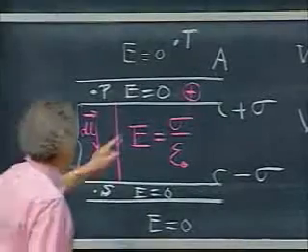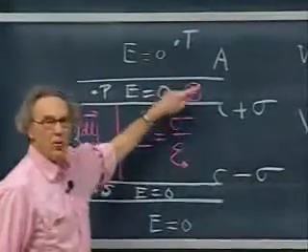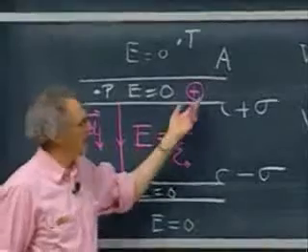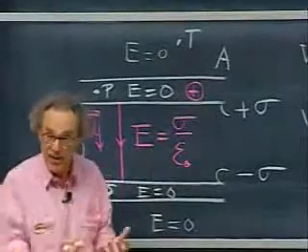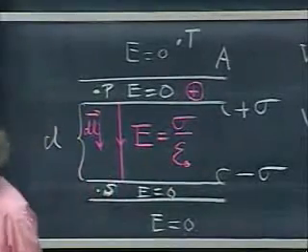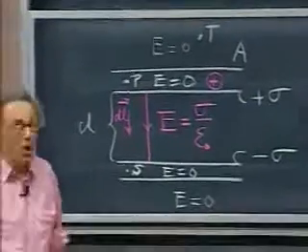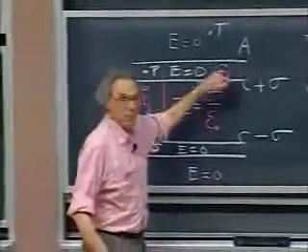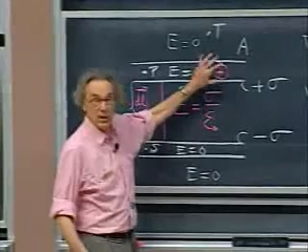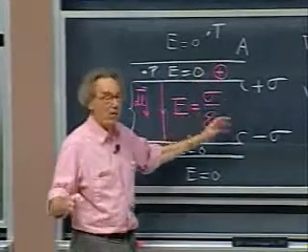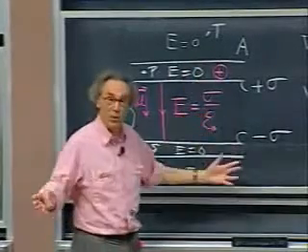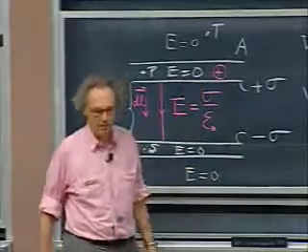Gauss' law will tell me then that the closed surface integral of E dot dA is not zero because there is charge inside. But we know that the electric field must be zero everywhere, zero in the conductor. So the closed surface integral must be zero. So there cannot be any charge there.